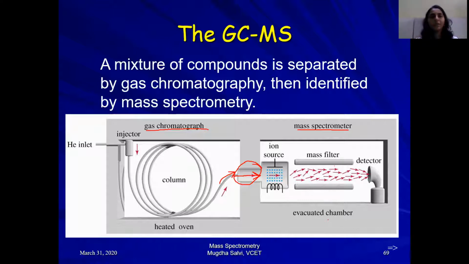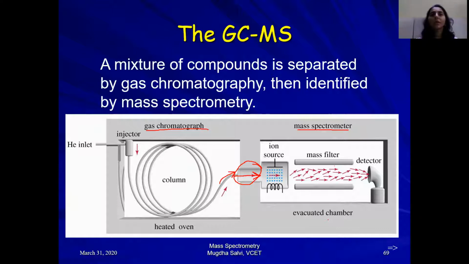Gas chromatography we have already covered yesterday, and today we have covered mass spectrometry. In mass spectrometry, we saw the basic principle, then the various components of the mass spectrometer, and the various types of mass spectrometers.